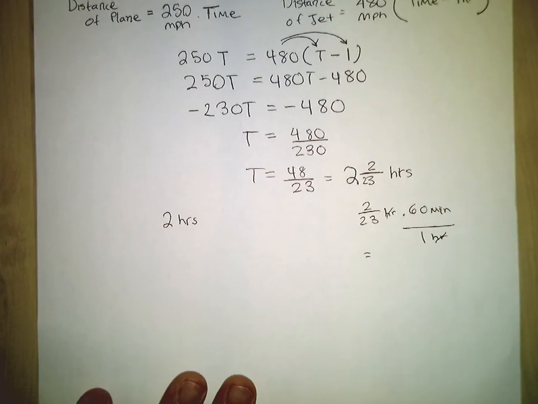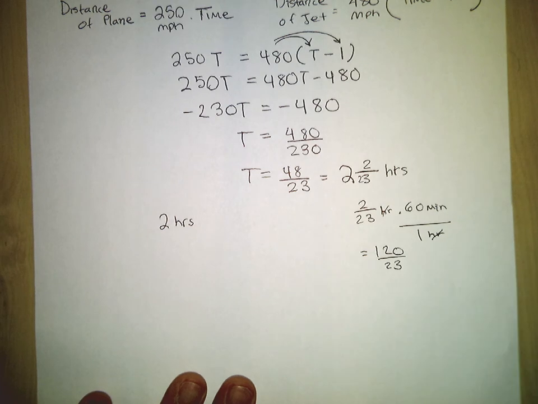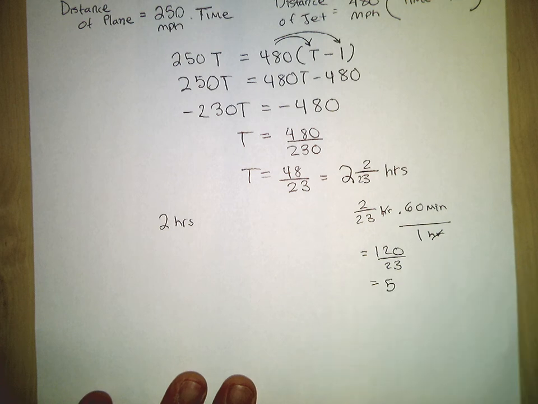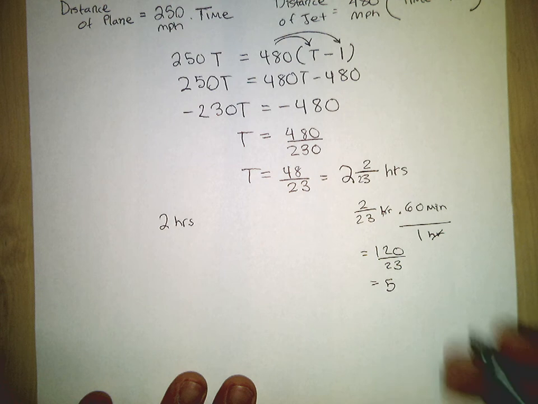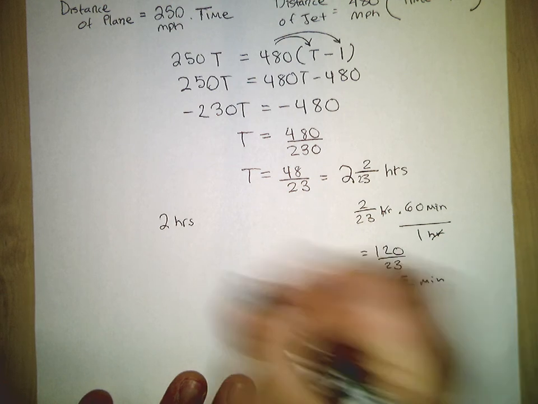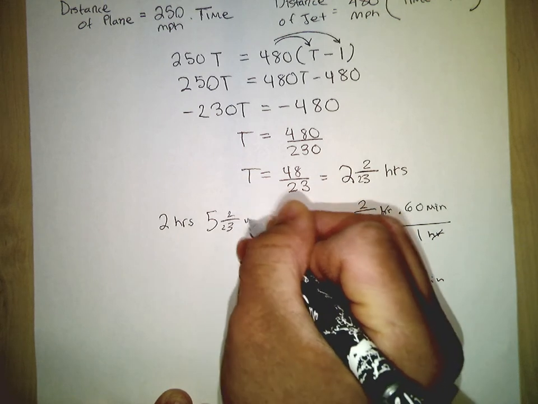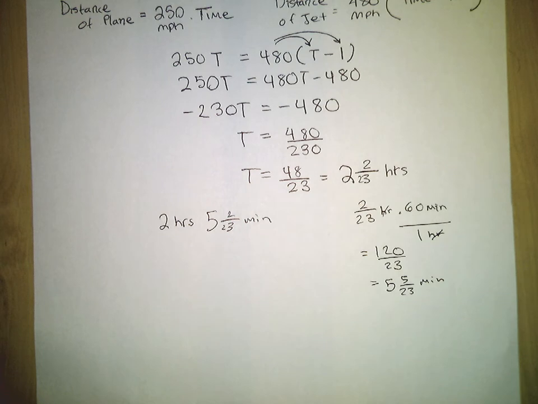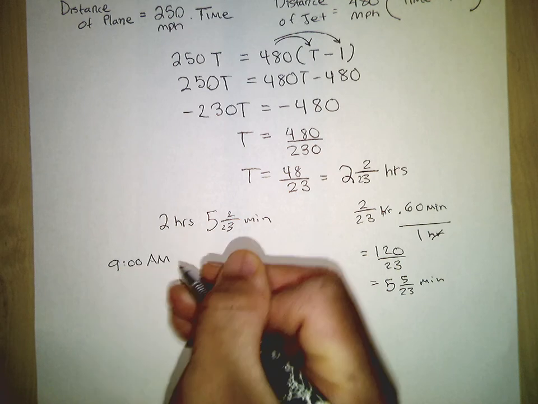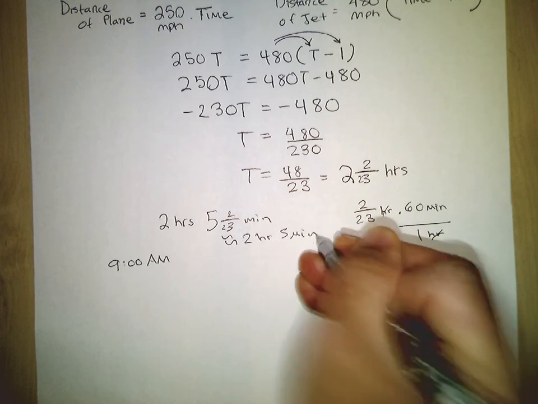So then, what will that be? 120 over 23. So 120 over 23 will be 5 and 5/23 minutes. So 2 hours and 5/23 minutes. So I know if the plane started at 9 a.m., then that's approximately 2 hours and 5 minutes, to the nearest minute.